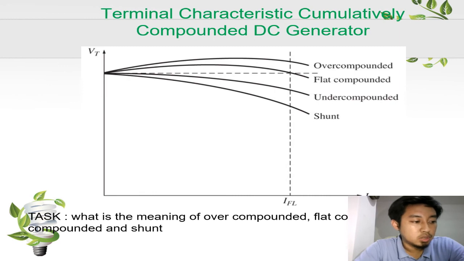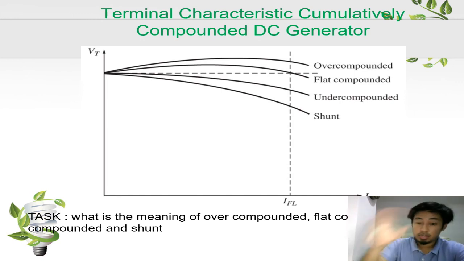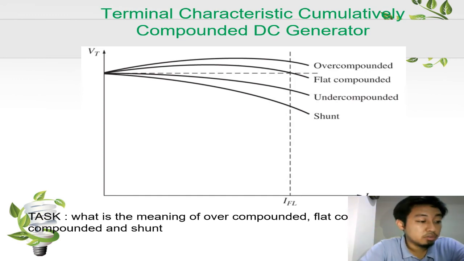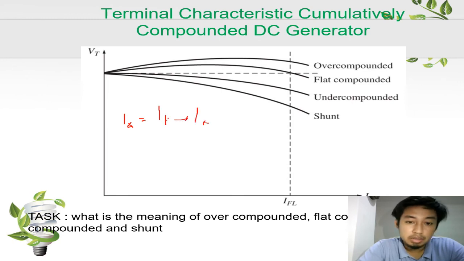Suppose that the load on the generator is increased, then as the load increases, the load current increases. Remember that IA is equal to IF plus IL.